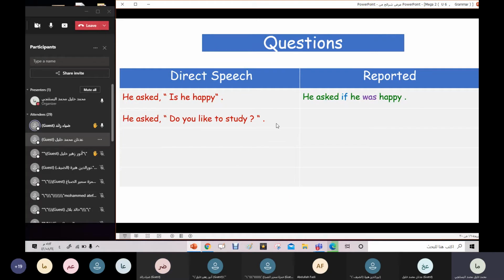Or you change it to I. If I liked. Here we have simple present, change into simple past. He asked if I liked, because the question is for you. "Do you like?" He asked me if I liked to study. We can say he asked me, or he asked if I liked. You realize we change you into I, and simple present into simple past.